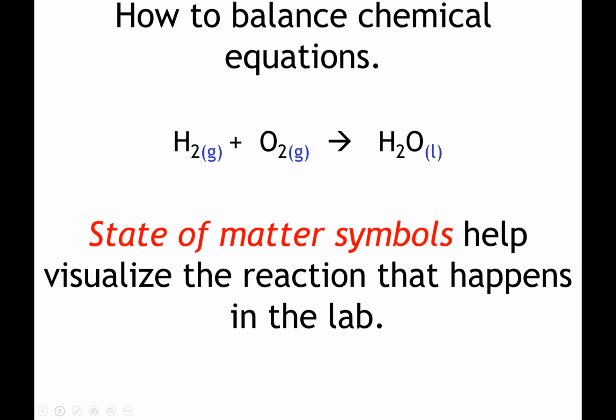Looking at another part, we have the state of matter symbols. G is gas, L is liquid. If you were to see an S, that's obviously solid. The one thing that a lot of students may or may not have seen before is AQ. You need to know that this stands for aqueous, which means that a solid has been dissolved in water.